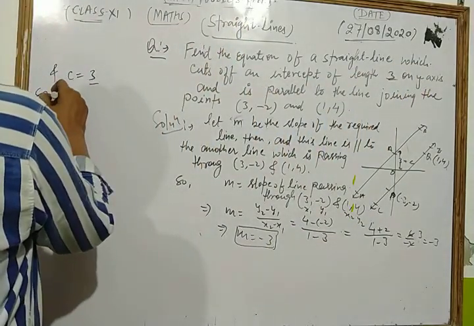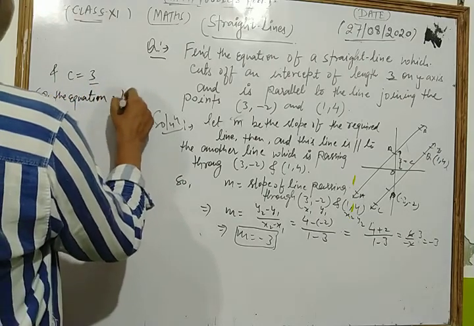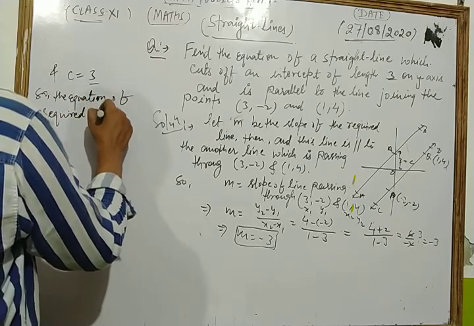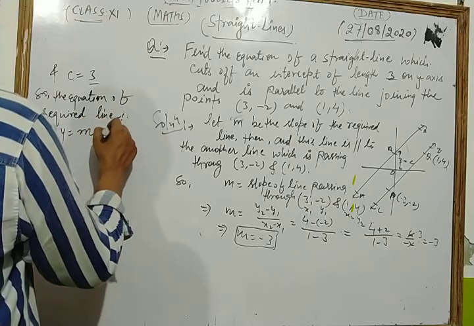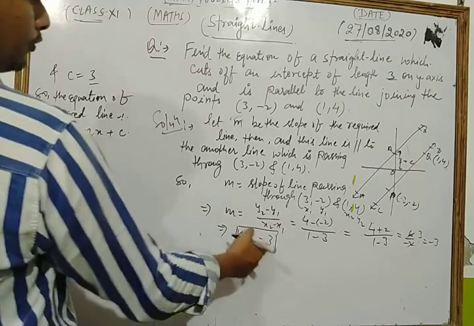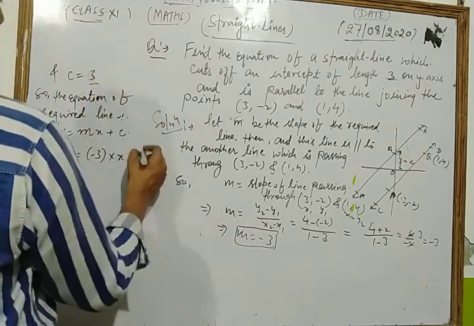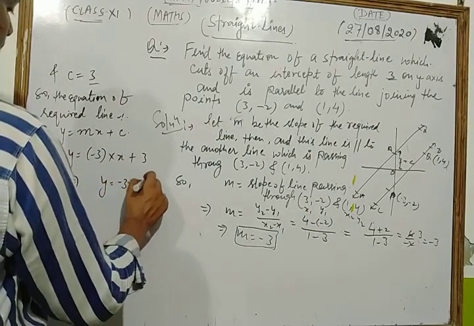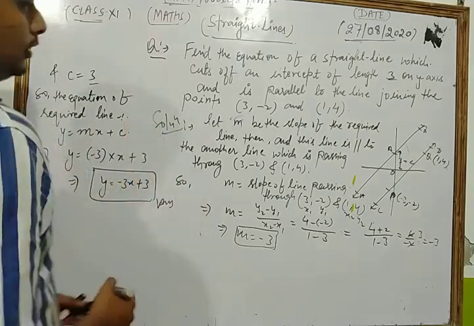So the equation of the required line is y equal to mx plus c. The value of m is -3, so y is equal to -3 into x plus the value of c, which is 3. In this way we get our result: y is equal to -3x plus 3. So dear students, this is our required answer.